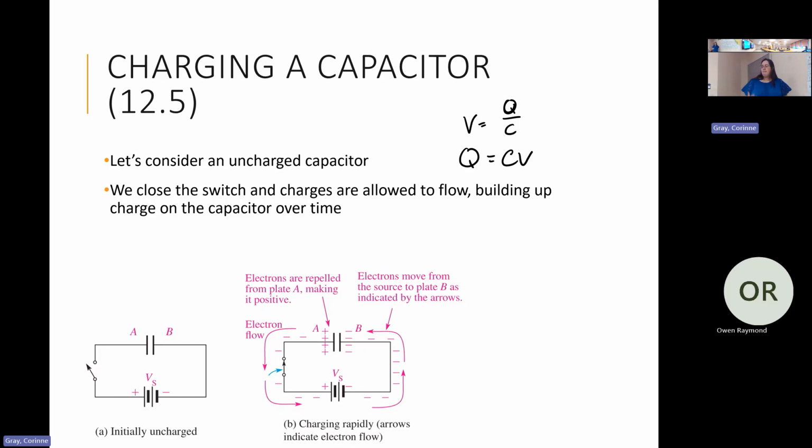I could have a maximum amount of charge, which is dependent on the capacitance value. But in reality, when we're designing our circuits, typically we're introducing a parallel plate capacitor where it's not going to be the charge that maxes out first. It's going to be the voltage.